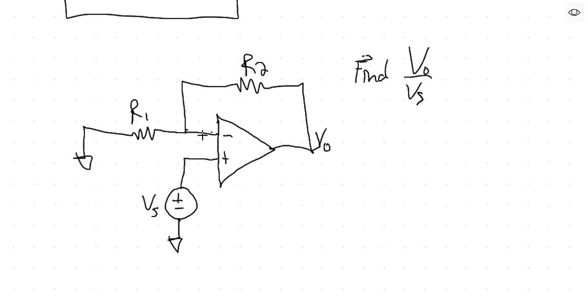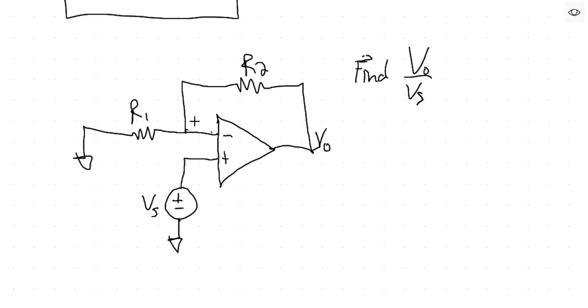We're going to start with our two assumptions we always start with, right? The first assumption is the virtual short assumption, meaning that we assume that these two inputs are shorted together, meaning that the voltage on the positive input is the same as the voltage on the negative input.